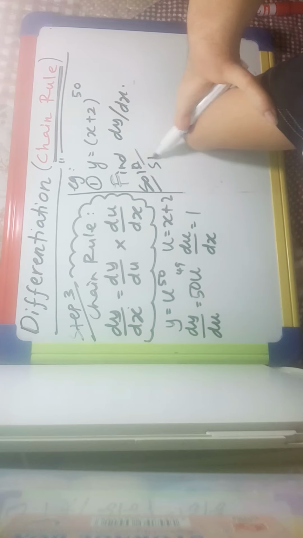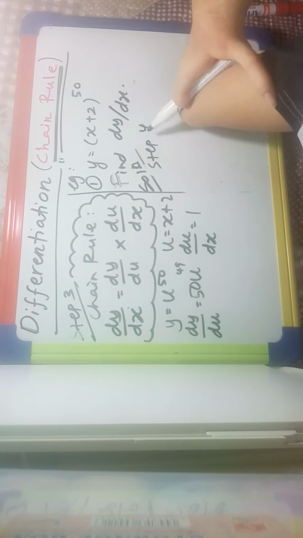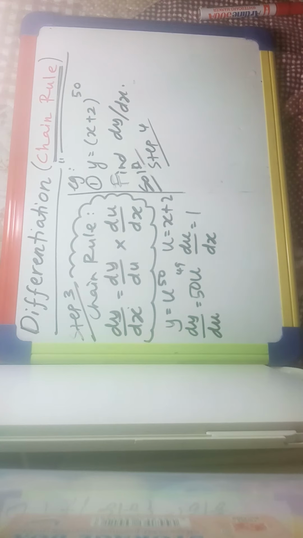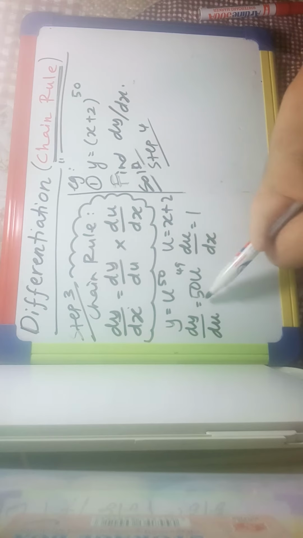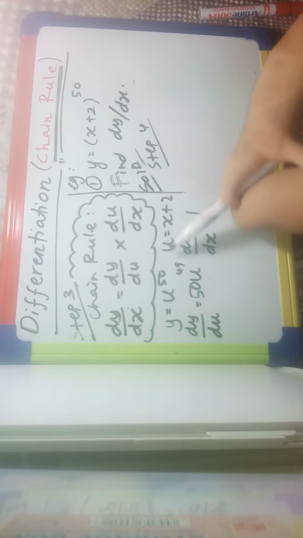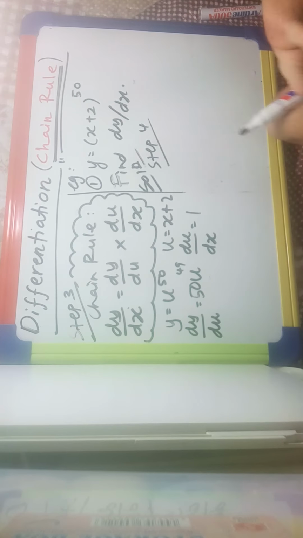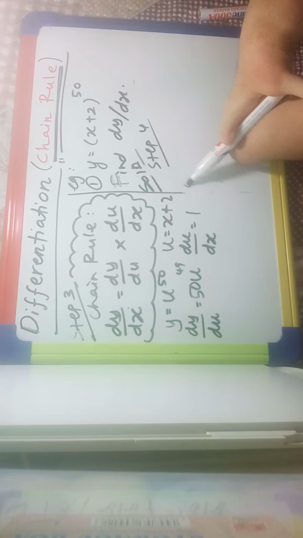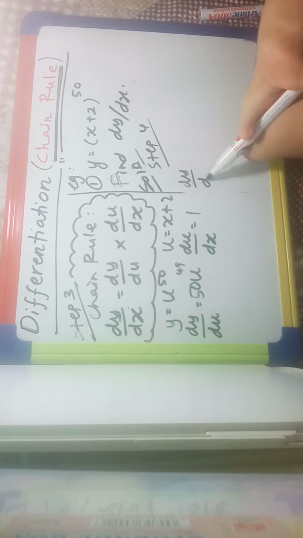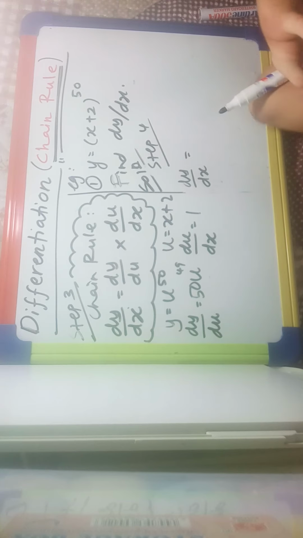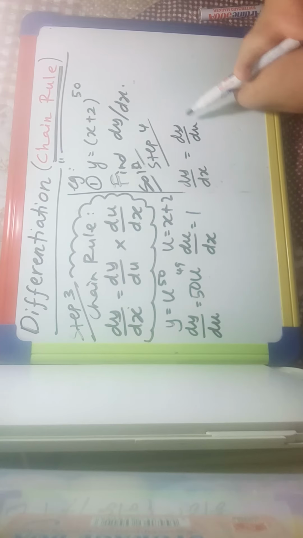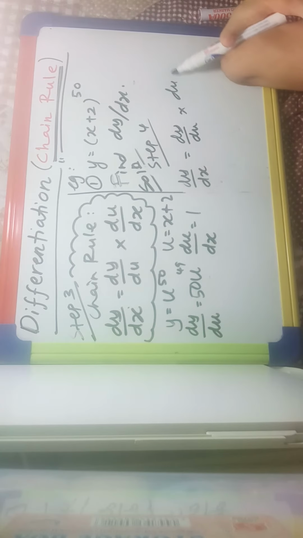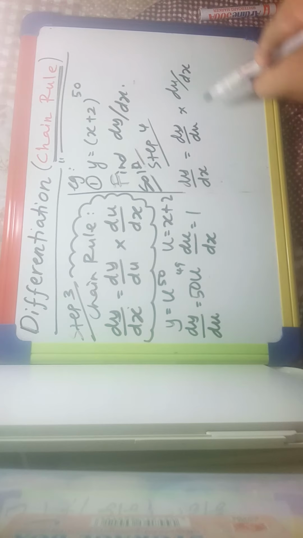For step number 4, what you need to do is apply the formula by using the information that we found over here. The formula of the chain rule said that dy over dx is equal to dy over du multiply du over dx.